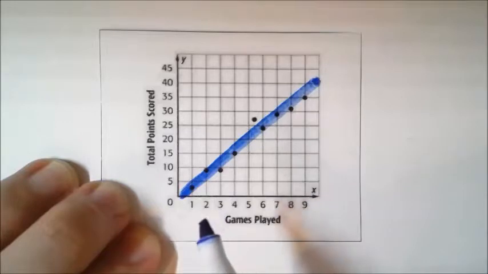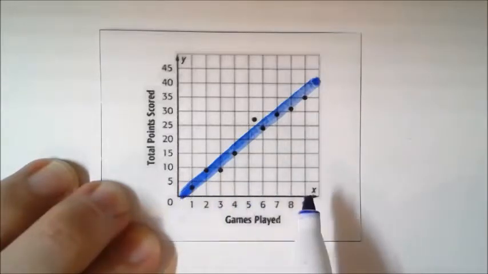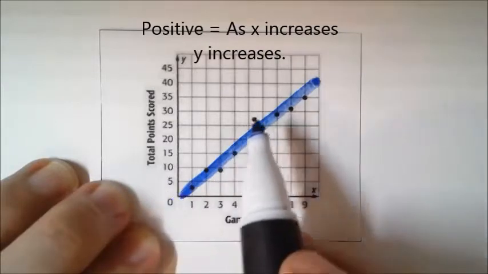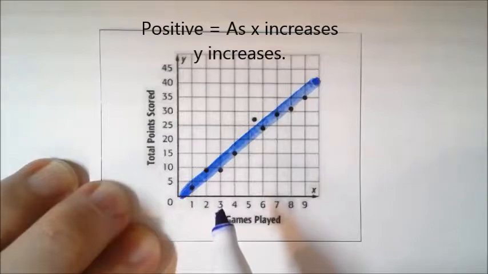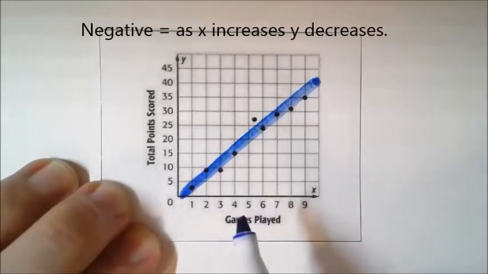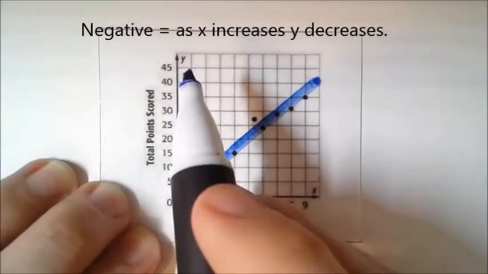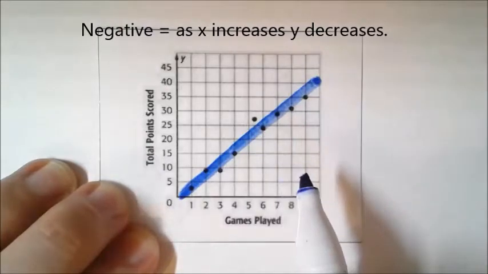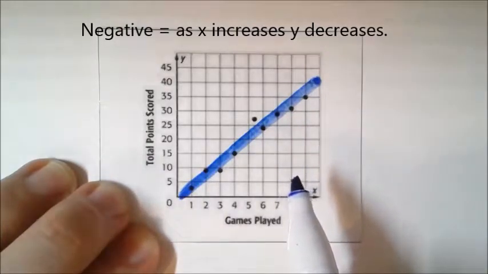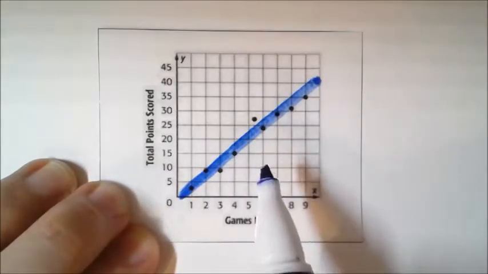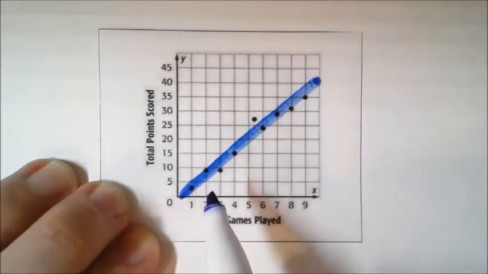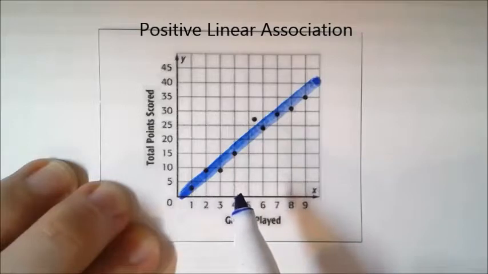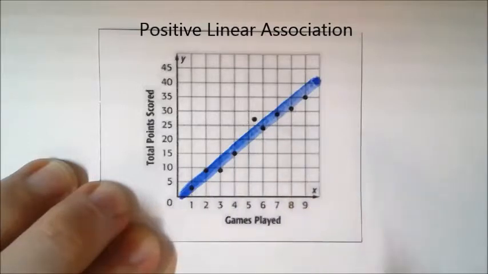Positive association means that as x increases, the y values increase and go up, and that's what you can see right here. With a negative association, as x increases, the y value will decrease. No association means that these dots do not lie close to a line. They're just scattered all over the graph. So in this case, we have a positive linear association.